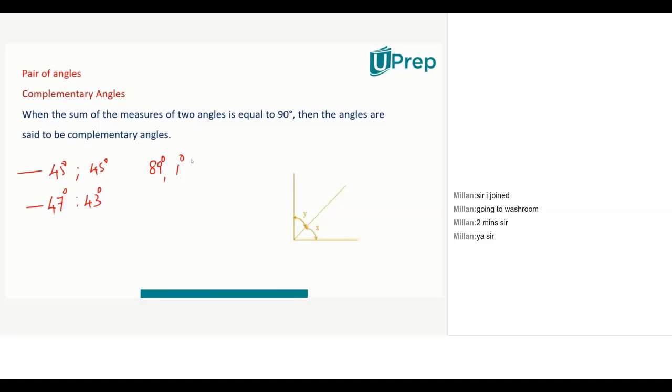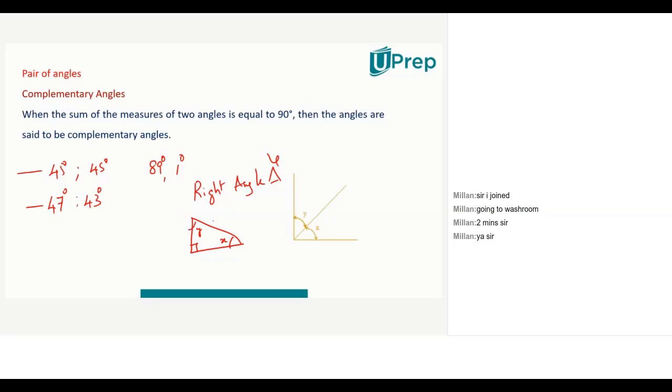And the main fundamental diagram that you study with complementary angles is a right angle triangle. Remember, in a right angle triangle, there are three angles out of which one is 90. I don't know the other angles.